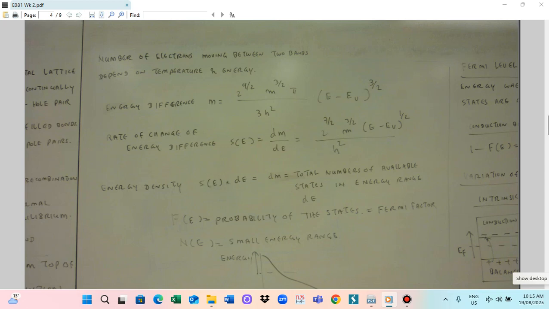In this equation, SE is DM by DE. So SE multiplied by DE will be the DM. DM means the total number of available states in the energy range.